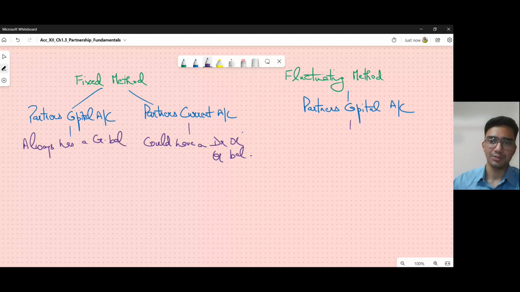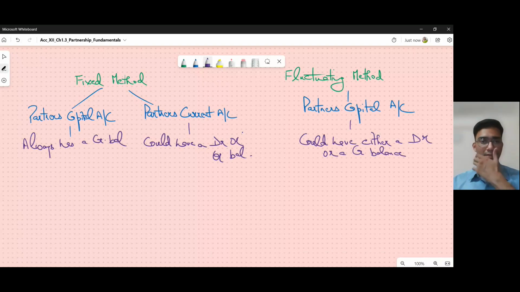Here also, I won't say always, but I would say it could have either a debit or a credit balance. All right. So this is the way we classify these kinds of accounts, and we'll further see the formats of the different account types that we have made.